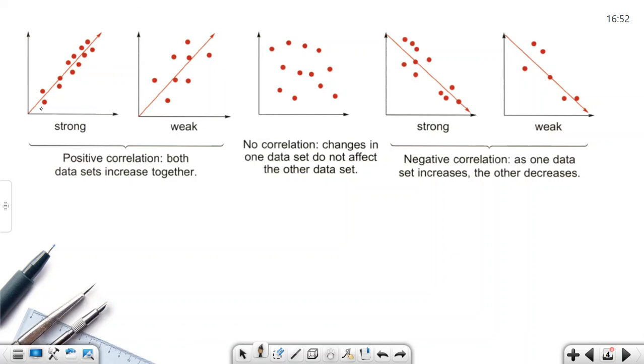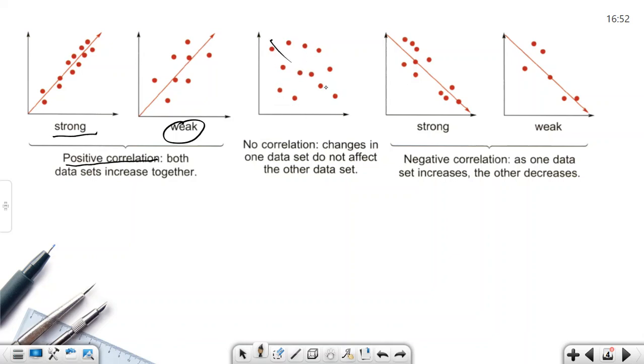If we can draw a line, but some of the points are far away from this line, we call it a weak correlation, but important, it's positive. Positive means the line has a positive slope, so positive correlation.